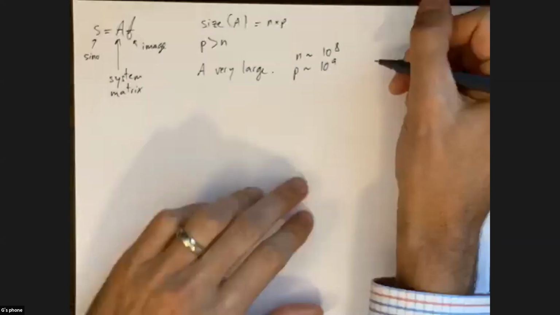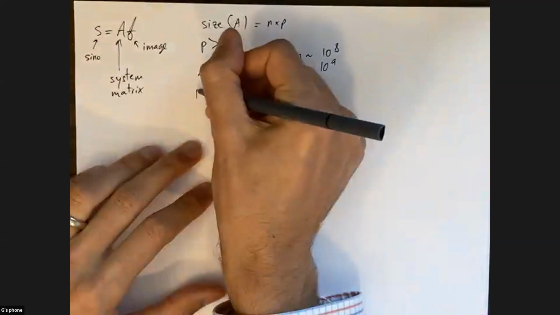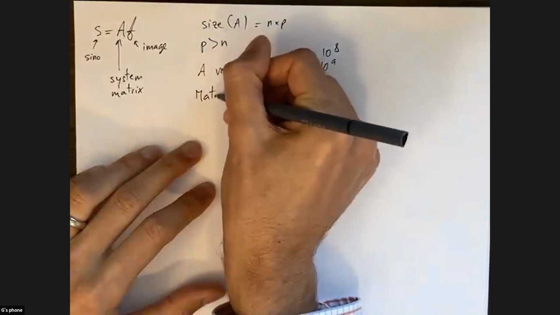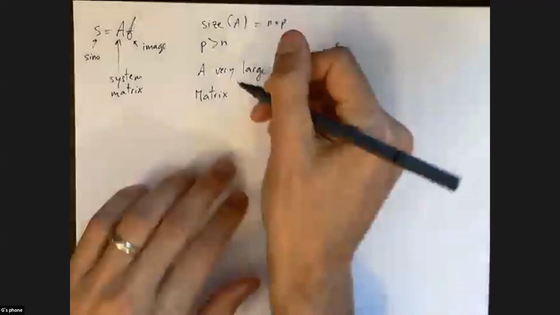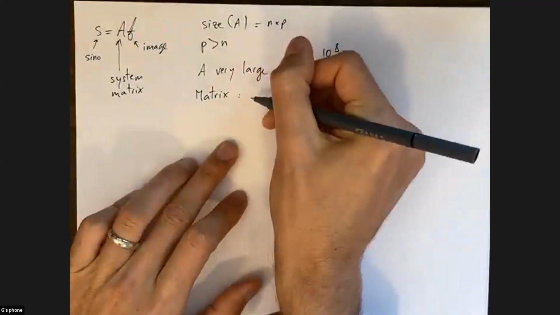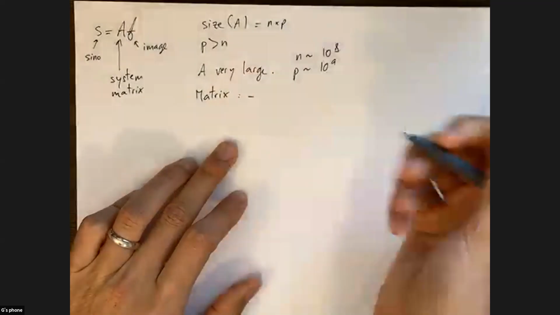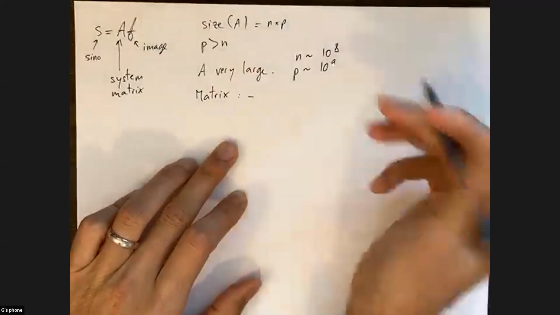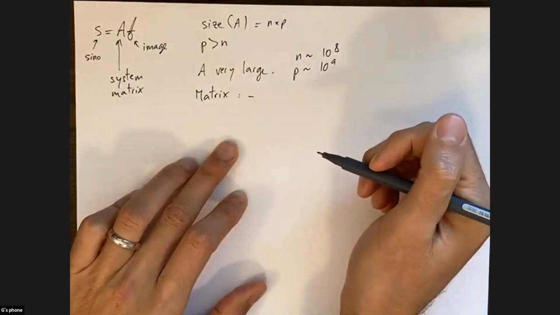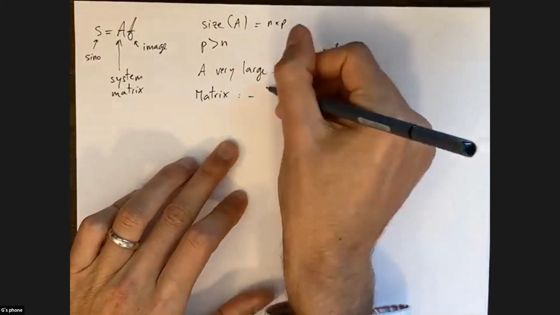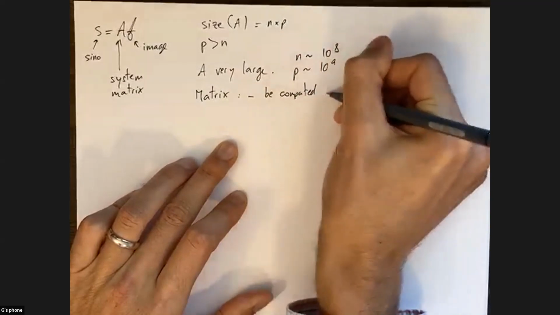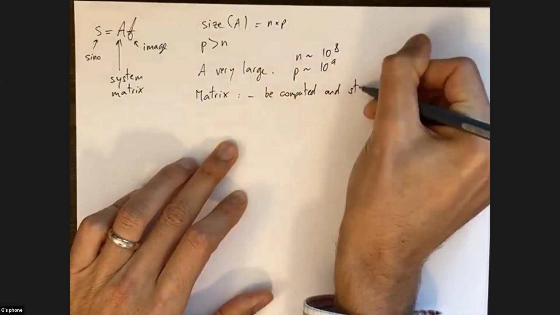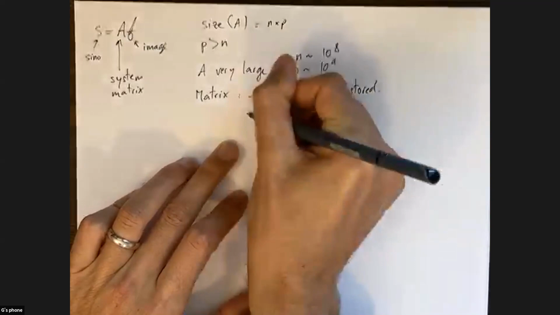And therefore it's not a matrix that you can easily just store in your computer because it's very large. Well, a lot of the matrix elements are 0, so it can be stored. It's not impossible. So it can be either computed and stored, or it can be computed on the fly.